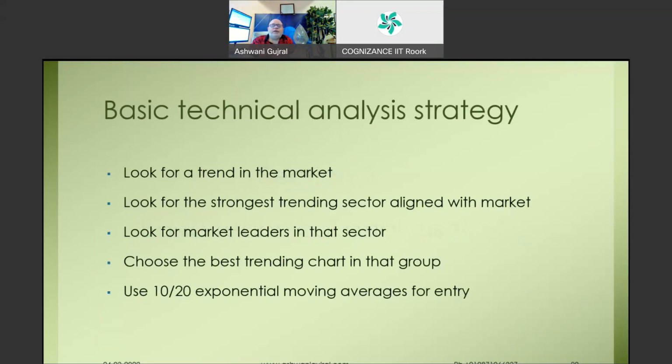First of all, it's very important to see what kind of chart you want to look at. All technical analysis works in trending stocks. So first of all, find the right kind of stock.